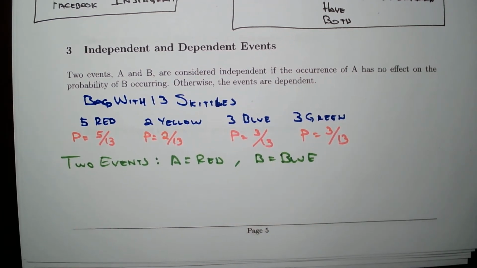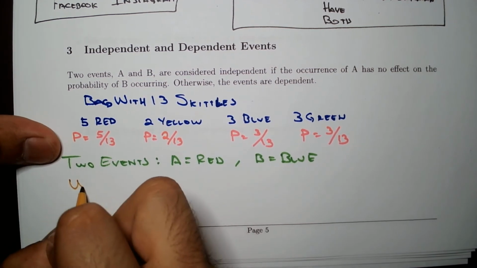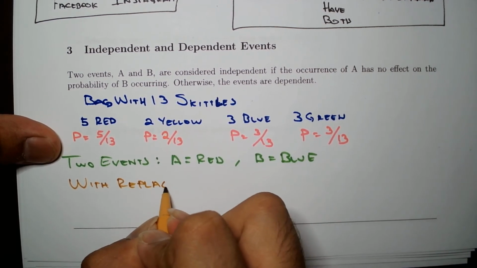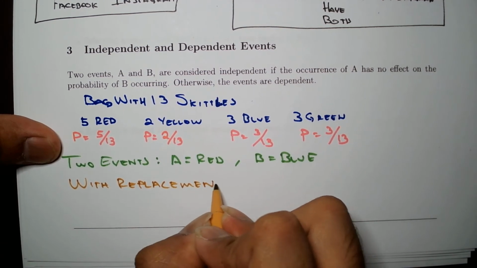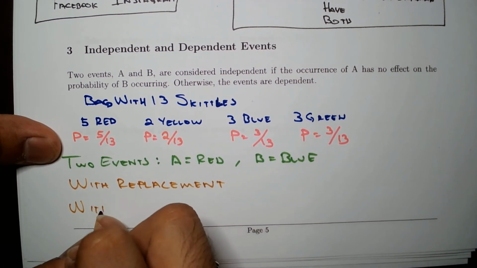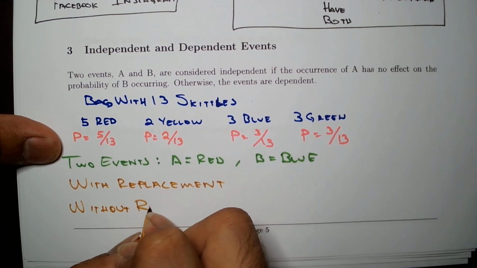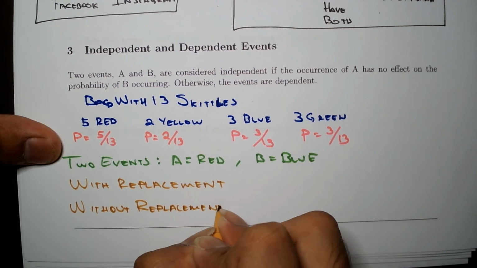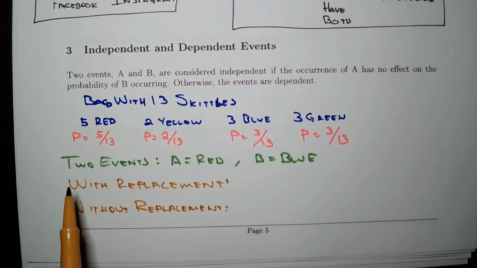All right. Now suppose you are going to withdraw 2 Skittles from the bag. Now in this case, we are going to define this whether it is with replacement or without replacement. Okay, so what do we mean by with replacement?